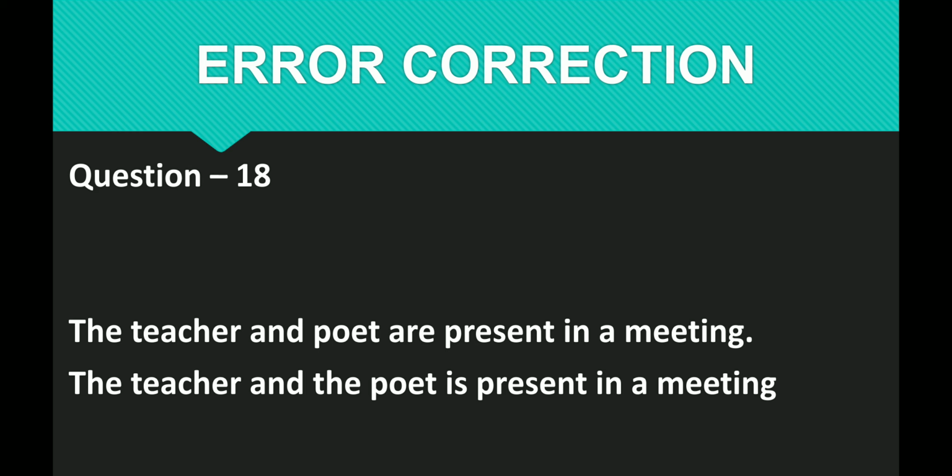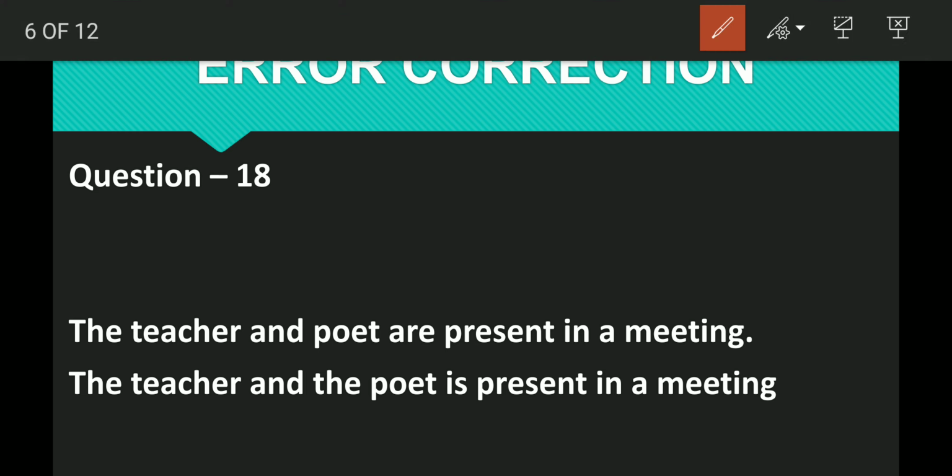In the teacher and poet, there is no definite article the before poet. Focus over here. In the first, the teacher is here, the poet is here, I mean, the definite article the is used once in sentence number 1, twice in sentence number 2.